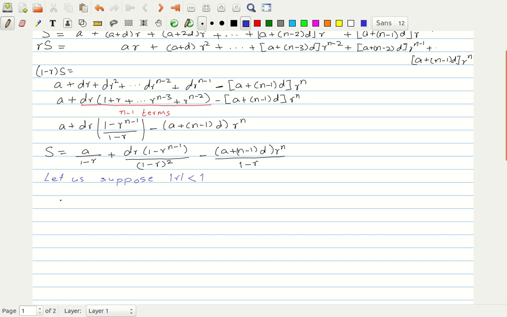In that case, we can still write s is equal to a divided by 1 minus r plus, we will just now distribute this, dr divided by 1 minus r square minus d r to the power n minus 1 divided by 1 minus r, I am sorry, this is d r to the power n, right, r multiplied by r to the power n minus 1 is d r to the power n.